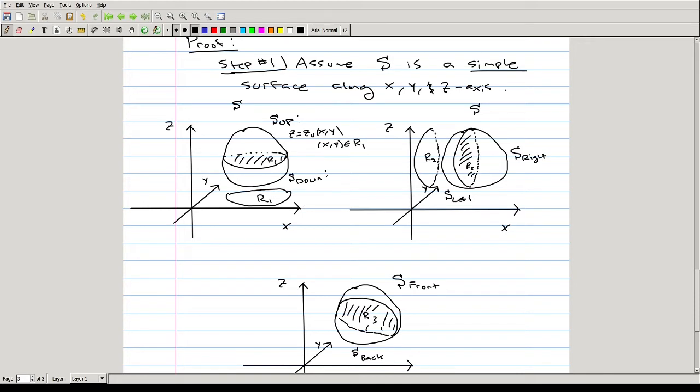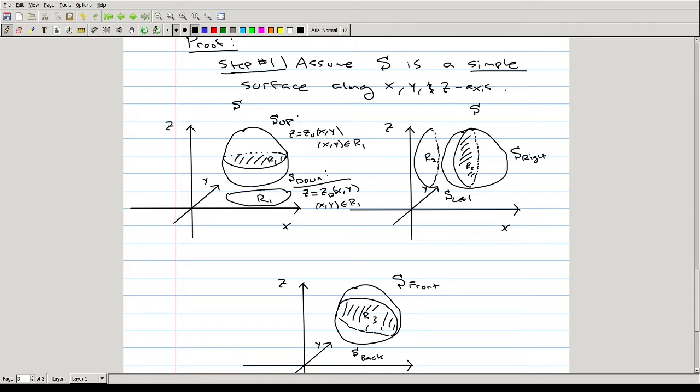And likewise S down will be parameterized by z equal to zD of x, y for x and y in the region R1. This is one way of describing our surface, but we're going to assume it's simple in every single direction: along x, along y, and along z.